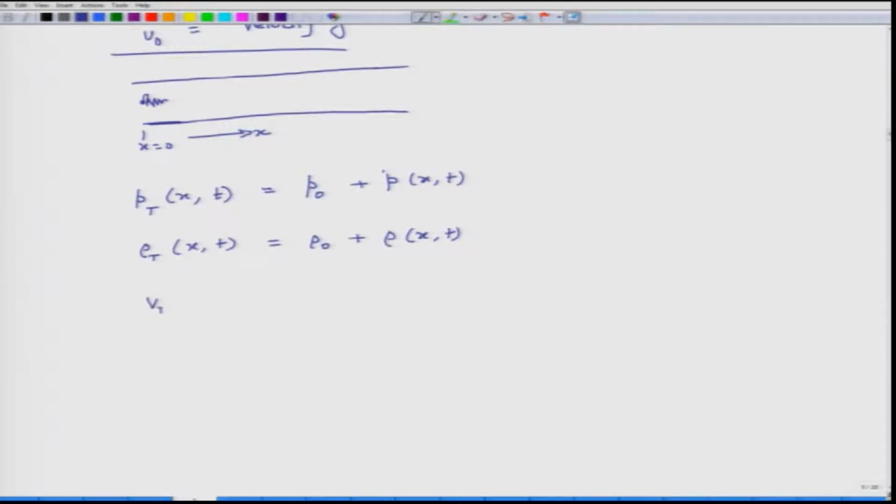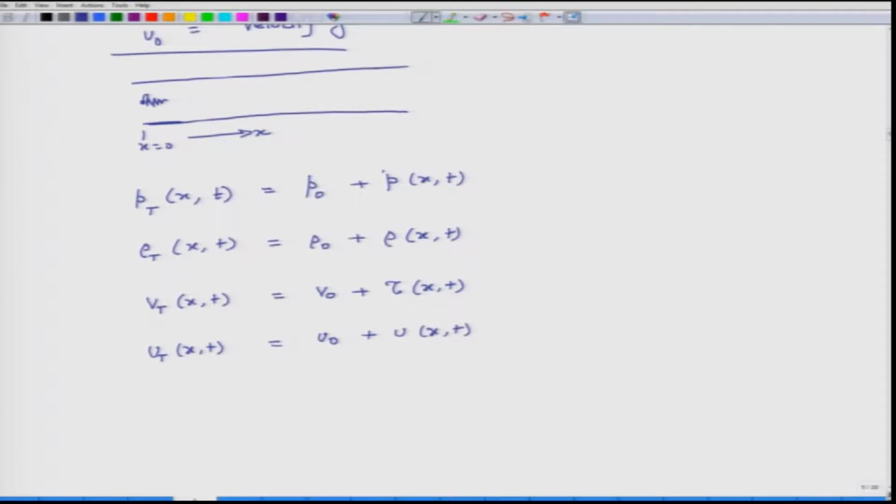Similarly, the volume of the air is V t, which is V naught plus, here I will use a slightly different symbol, tau(x, t), and the velocity u T(x, t) equals u naught plus u(x, t).